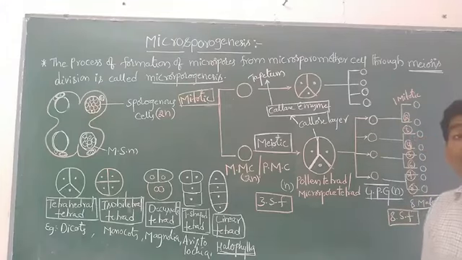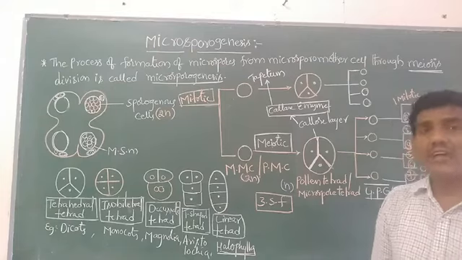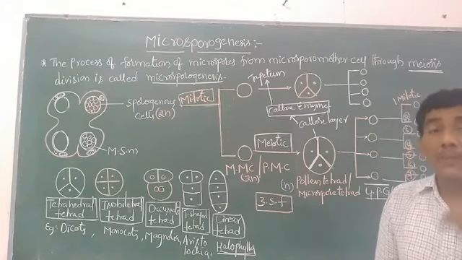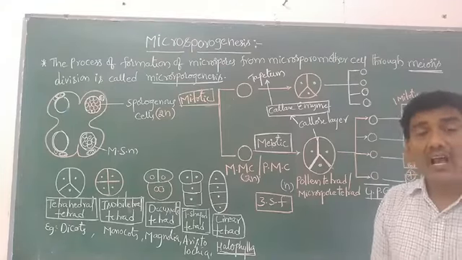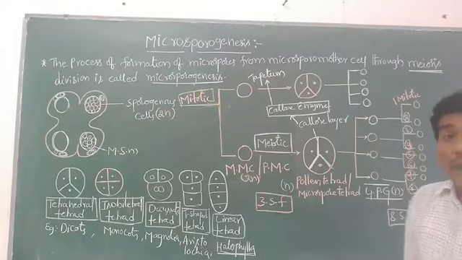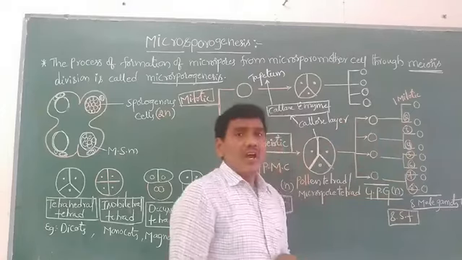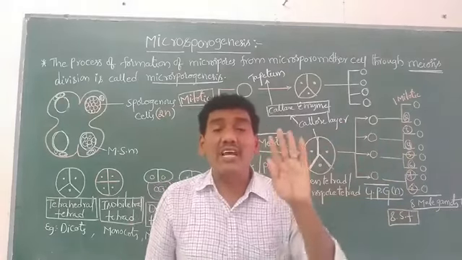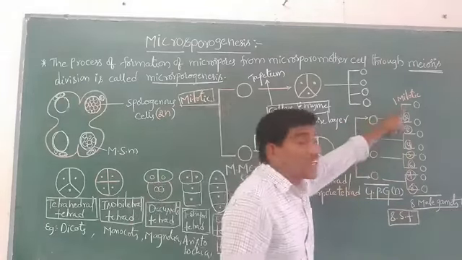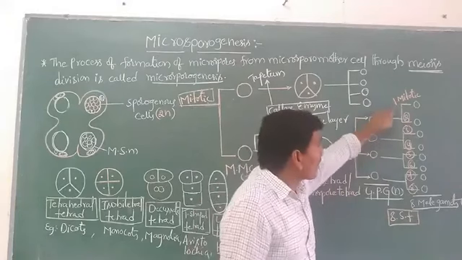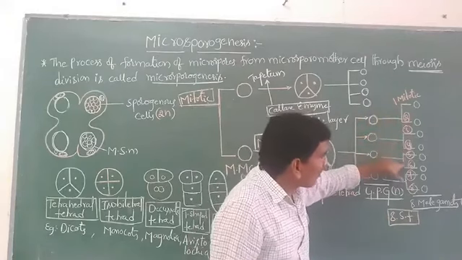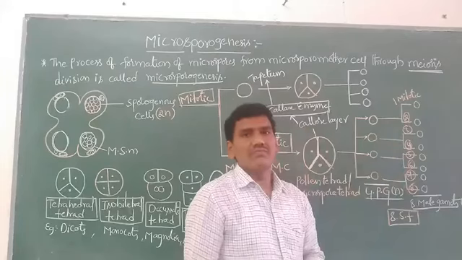The ploidy of the male gamete is haploid. For the formation of eight male gametes, how many mitotic divisions are required? Eight mitotic divisions: 1, 2, 3, 4, 5, 6, 7, 8.